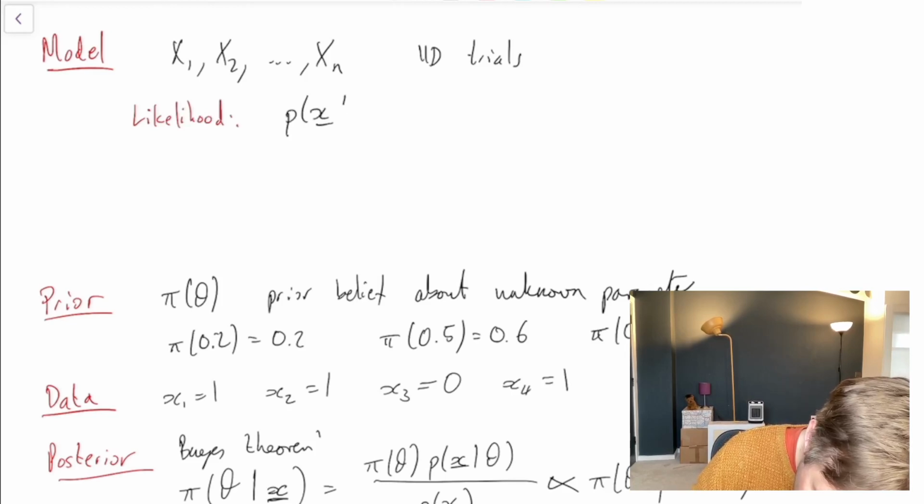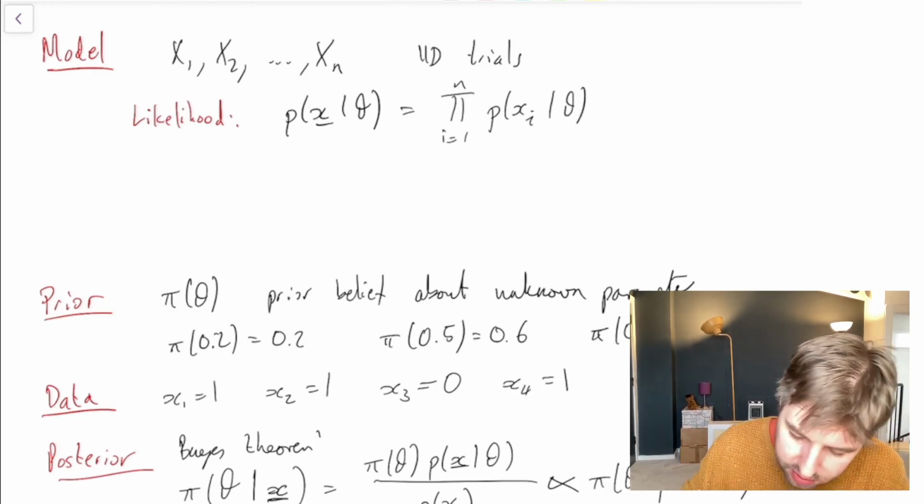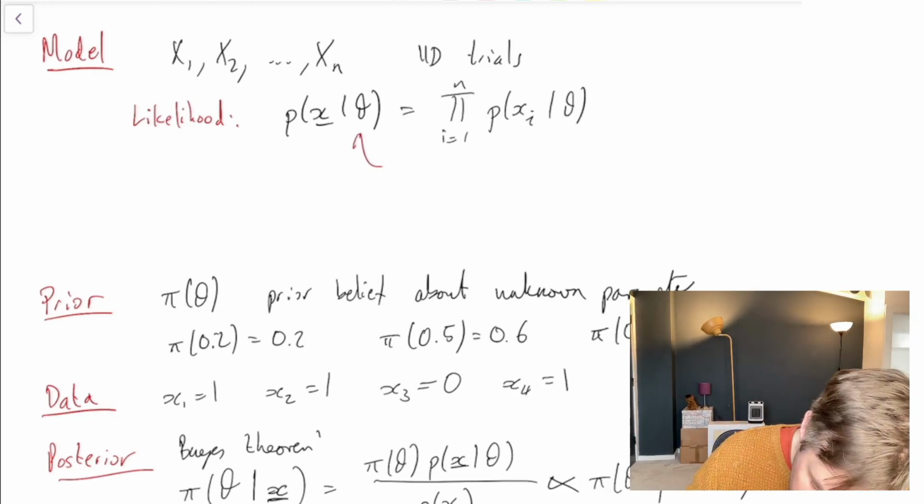So p(x given some unknown parameter theta) being this product, because they're IID.